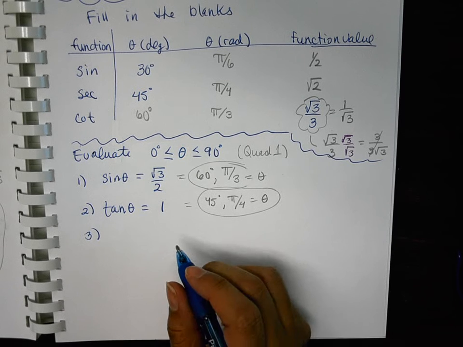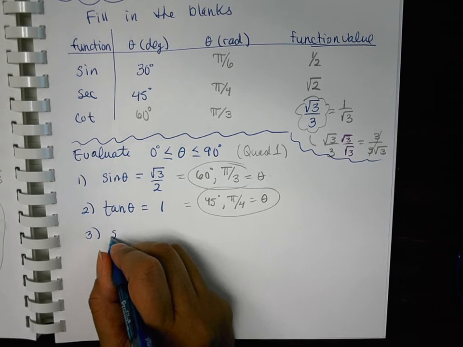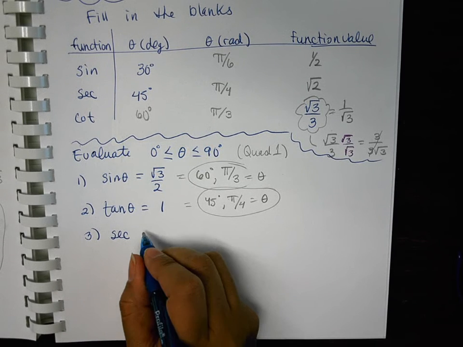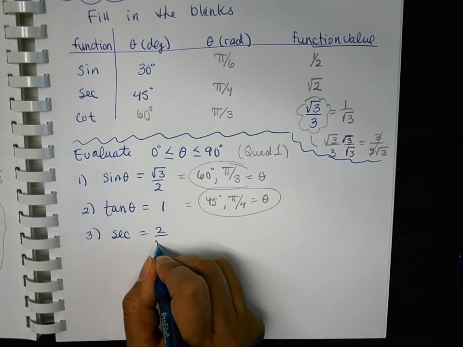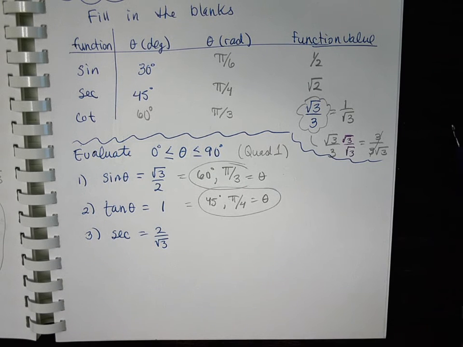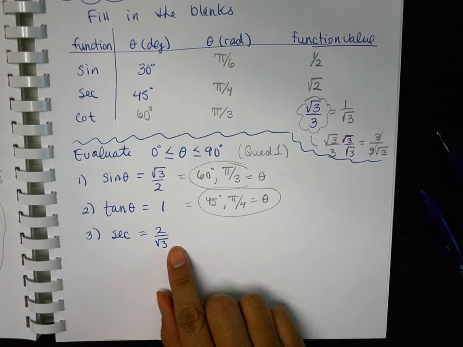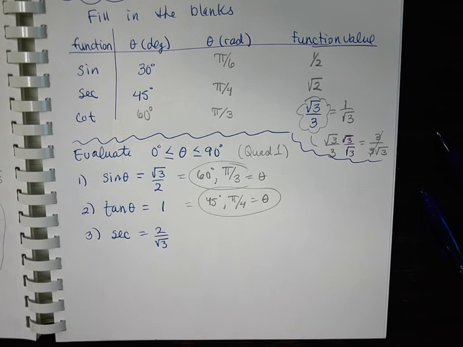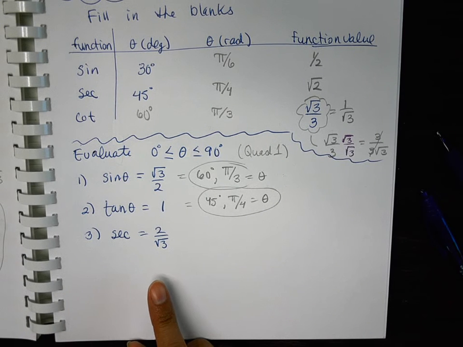Secant is 2 over root 3. Okay, secant's the reciprocal of what? Cosine. So in your head, what are you thinking of?